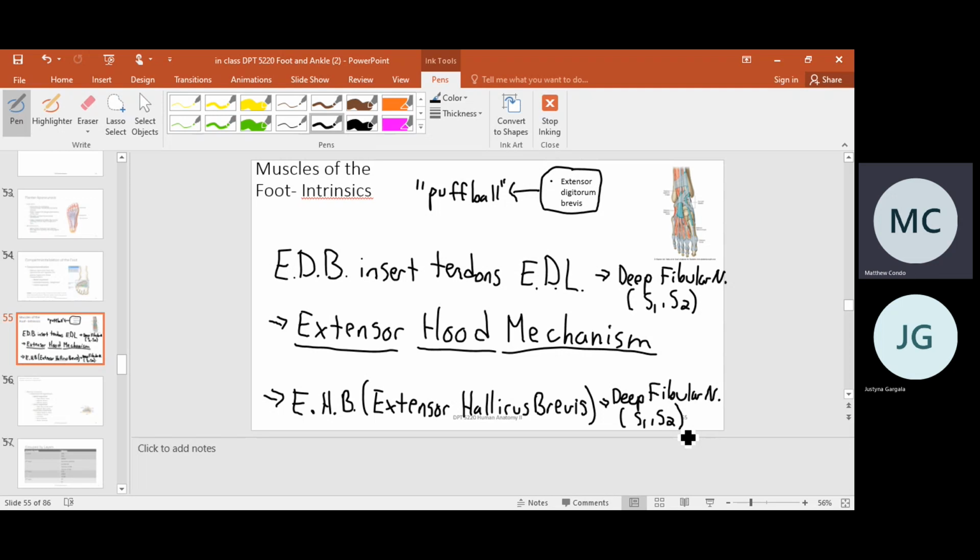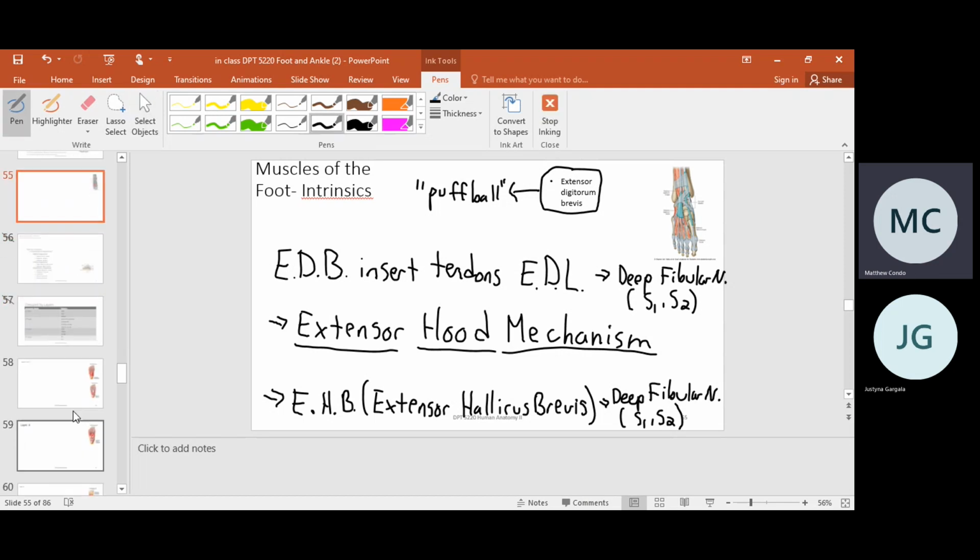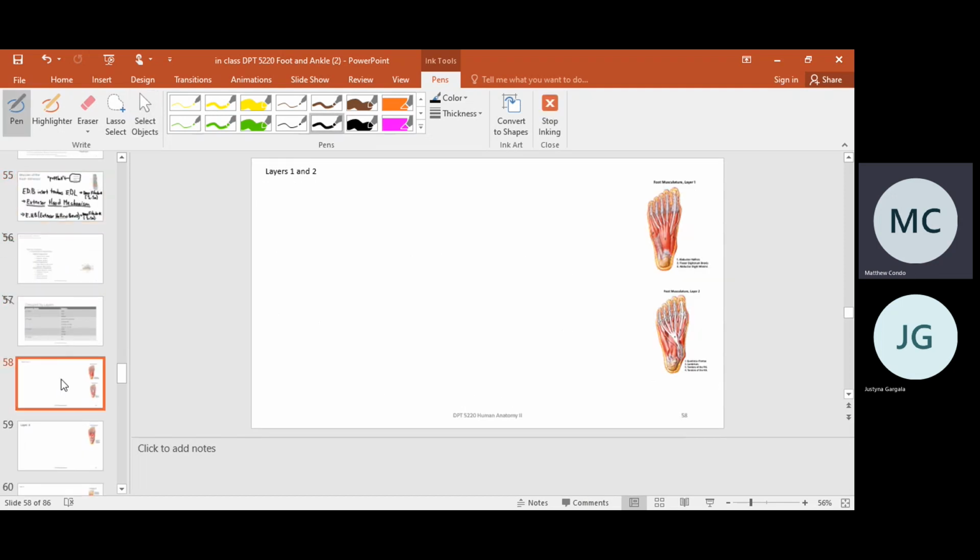Now, coming off of the plantar surface of the foot, that's where life gets a little more interesting. So first thing we're going to do is we're going to draw out the bones of the foot. We haven't done that yet. This is now a really good time to do it.